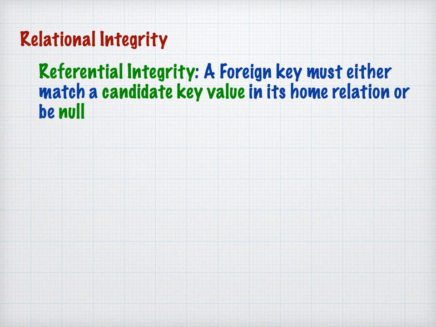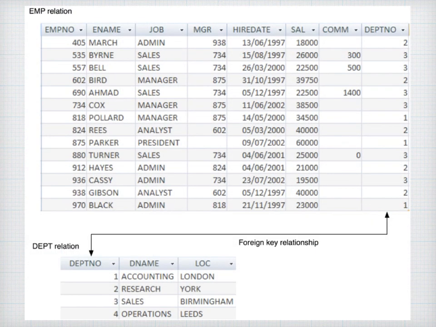Here it says that a foreign key must either match a candidate key value in its home relation, but it can be null. So again, let's have a look back at the example. Have a look at the department number column, which is in the far right of the emp relation. As we scroll down, you can see all the different department numbers that we have: 233, 2331.